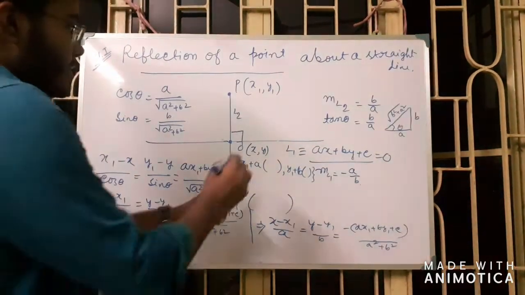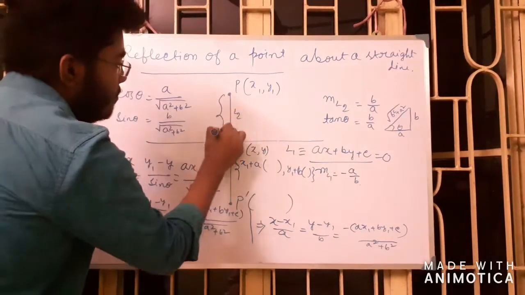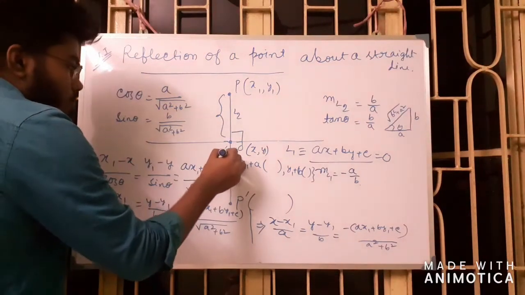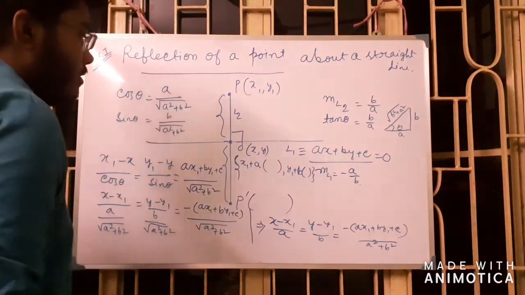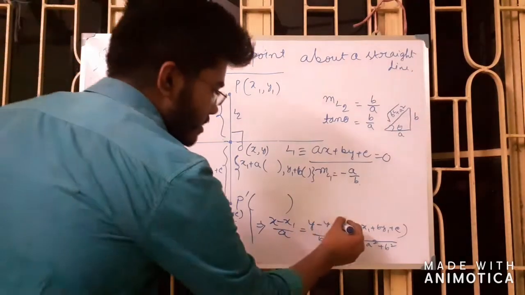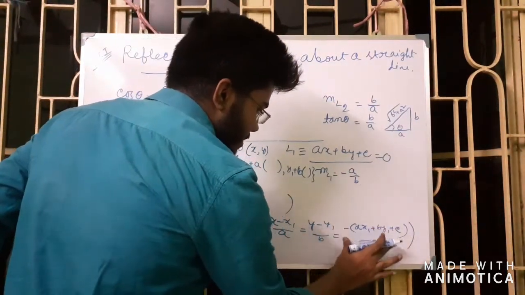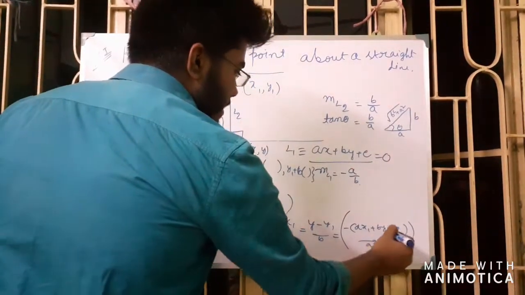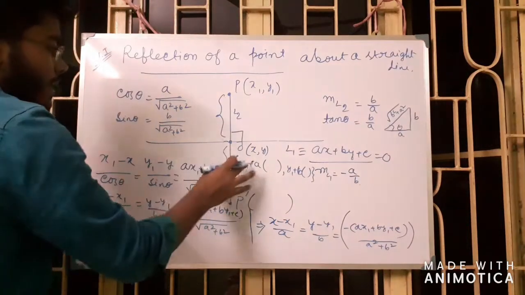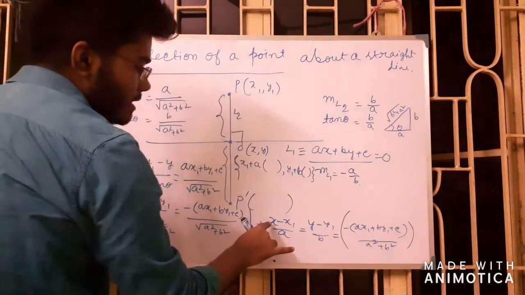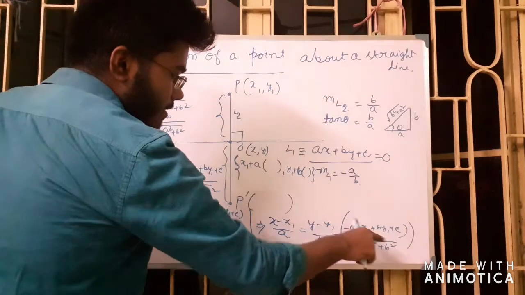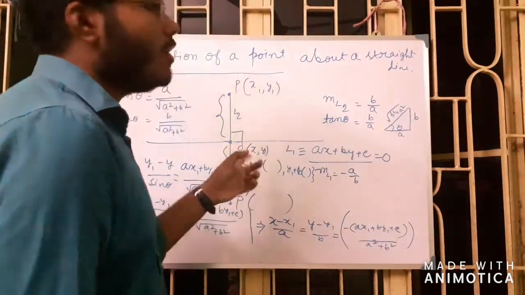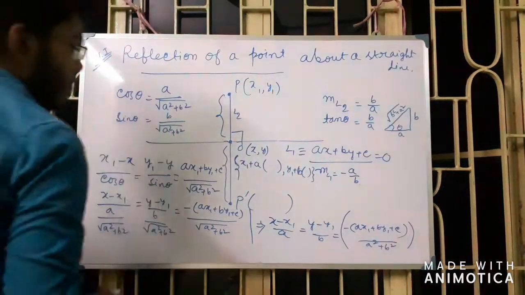This is the distance between the points P and O. This is the distance d, but the coordinate of point O is x, that is a multiplied by this plus x1, and y equals b multiplied by this plus y1. This is the coordinate of point O, which is the foot of the perpendicular.